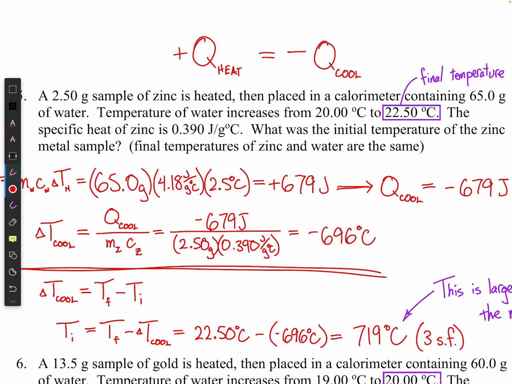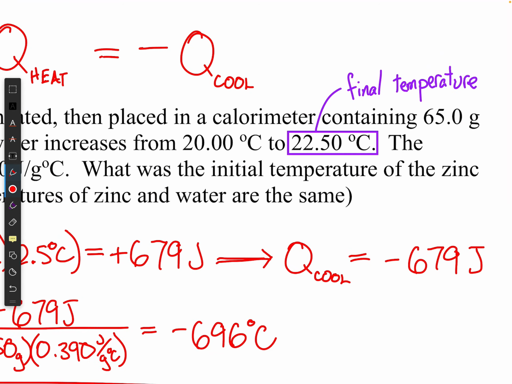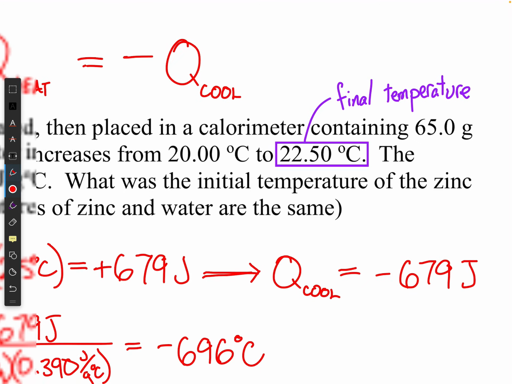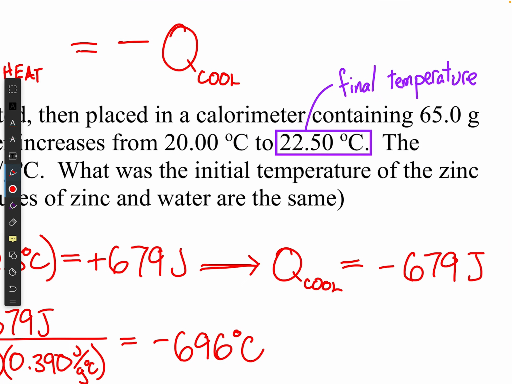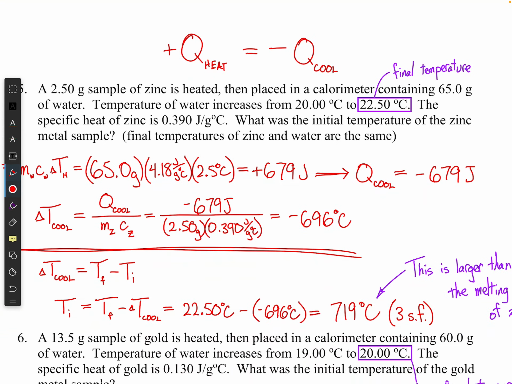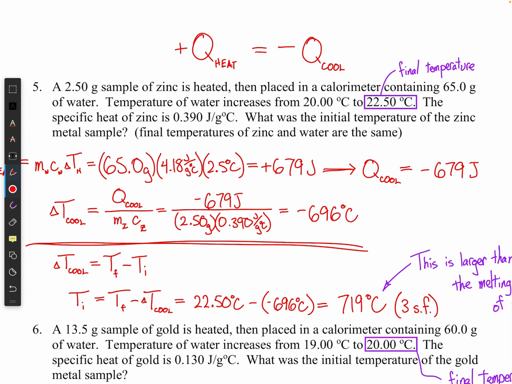Okay? So the temperature of the water is going to increase by a pretty small amount. If we calculate the temperature difference right now, you'll note that it is 2.5 degrees Celsius. Okay, just subtract our final temperature from our initial temperature, and that gives us 2.5 degrees Celsius.